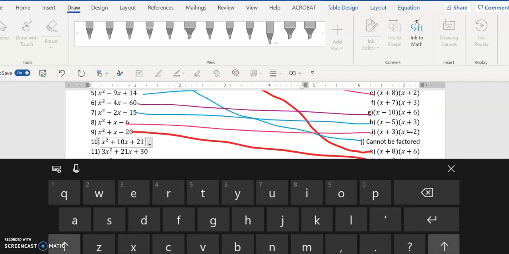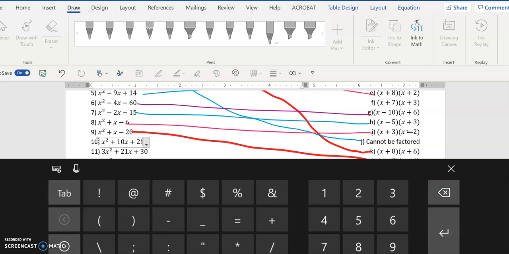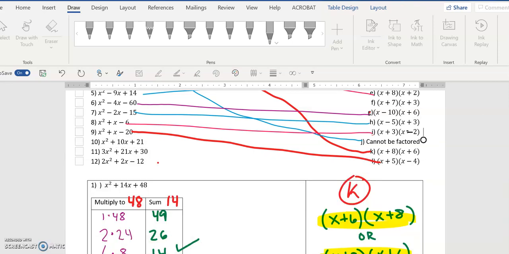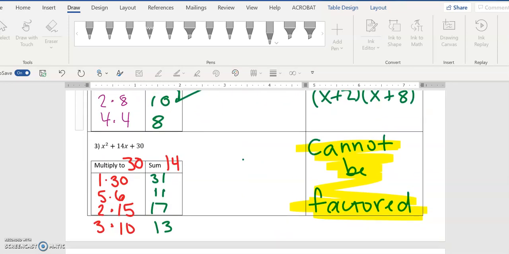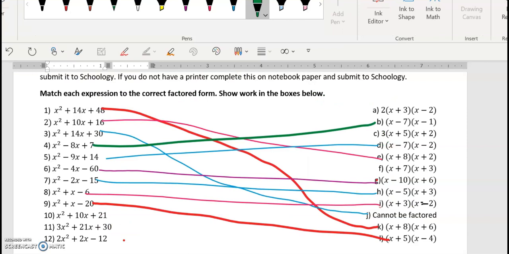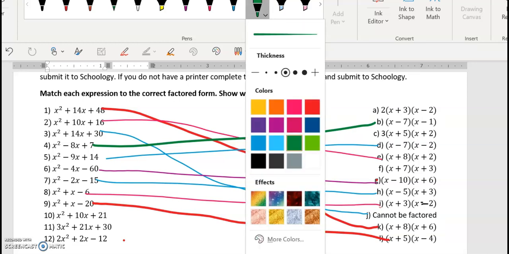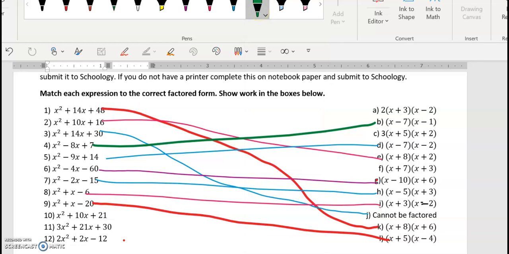Better let me write. Number 10 goes to letter F. 2 more.